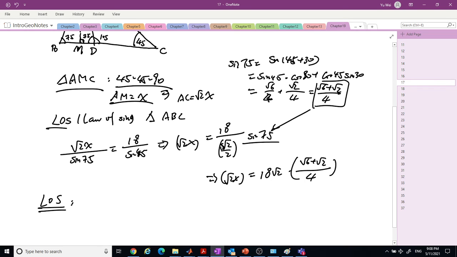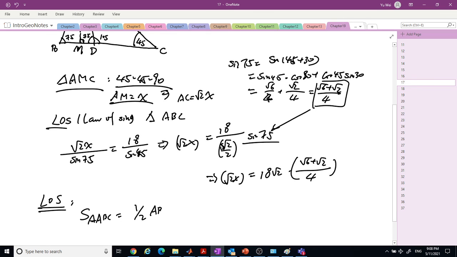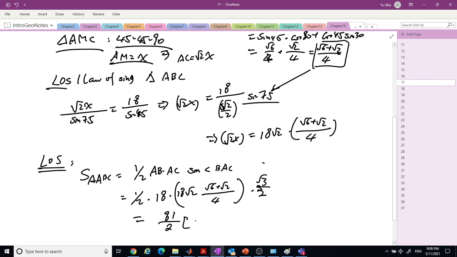You know the area of ABC is equal to half of AB times AC and the sine of angle BAC, so it's equal to half of 18 times 18 root 2, 4 over root 6 plus root 2, right? This is sine 60, right? Sine 60 is root 3 over 2. Now the final answer is 81 over 2, times 3 plus root 3.